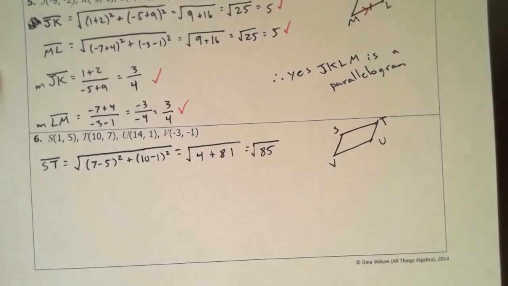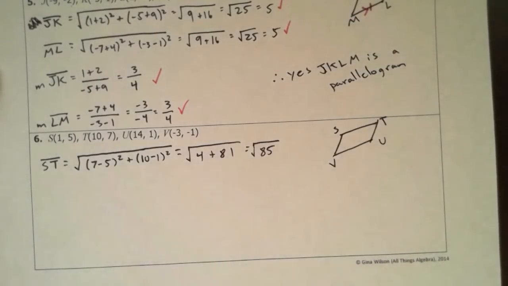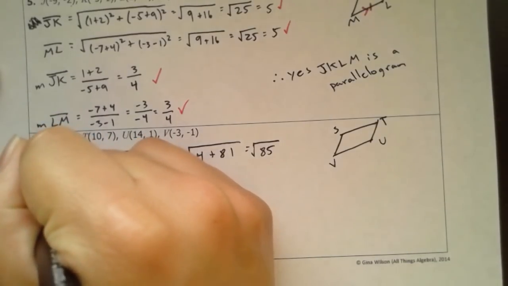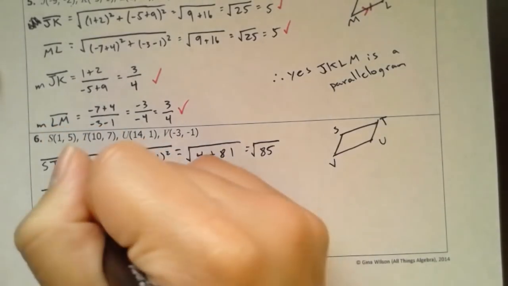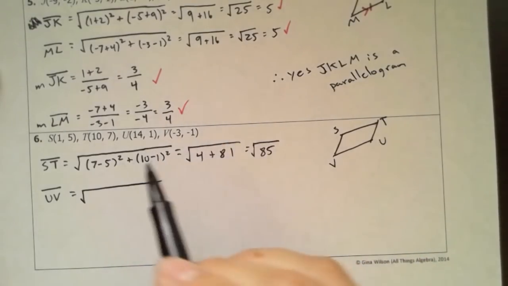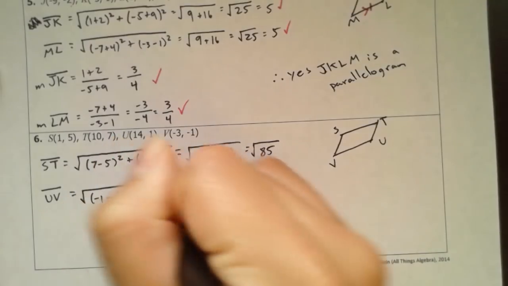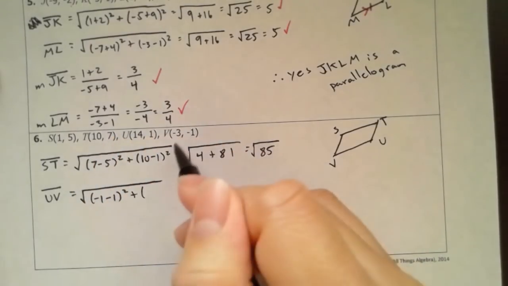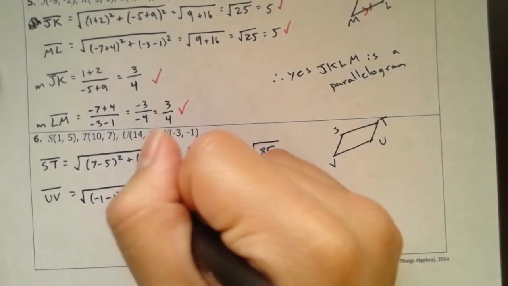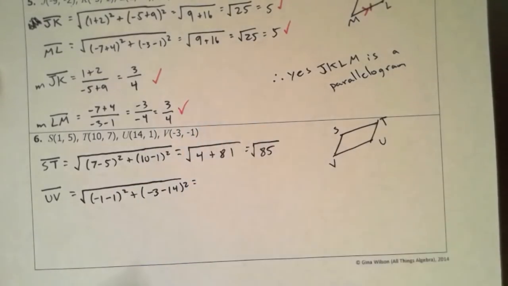And we can stop there. Then we take UV. Let's check to make sure it's also square root of 85. So I have negative 1 minus 1 squared plus negative 3 minus 14 squared, and then I get negative 1 minus 1, that's negative 2.